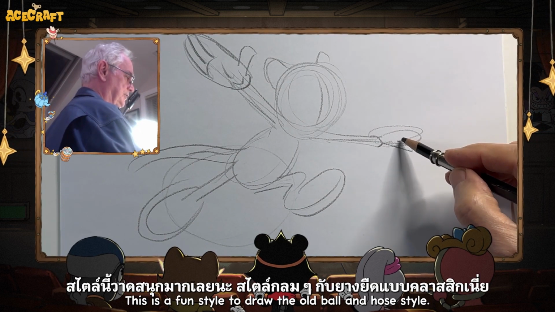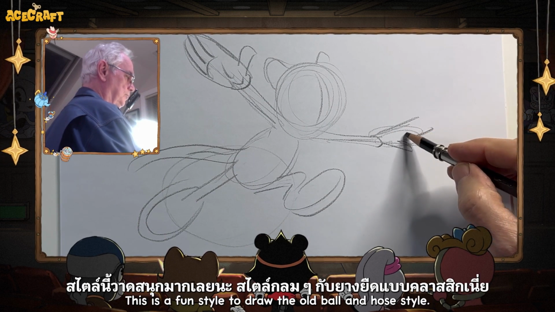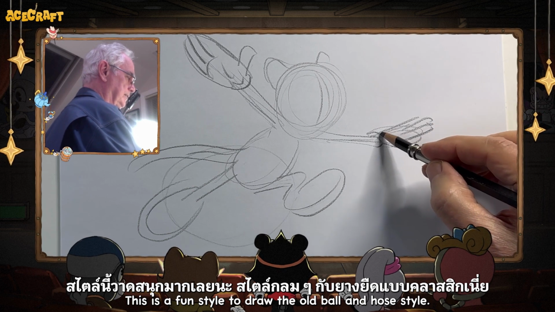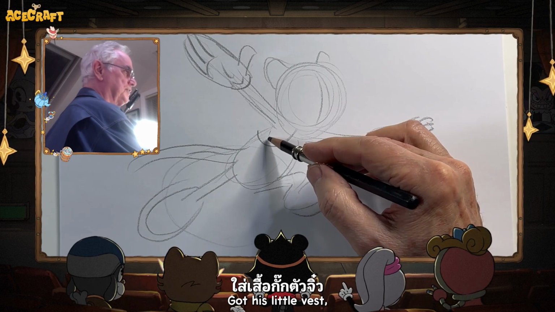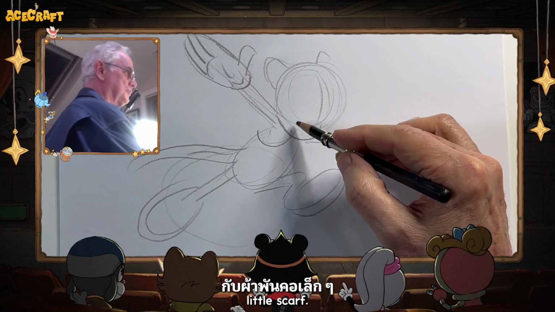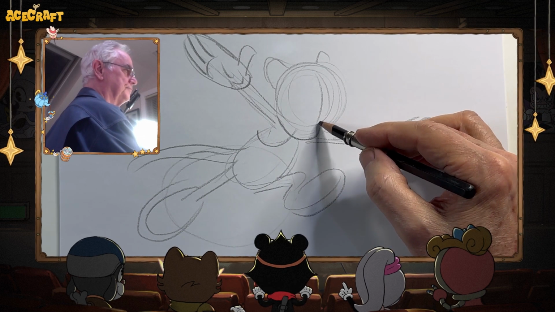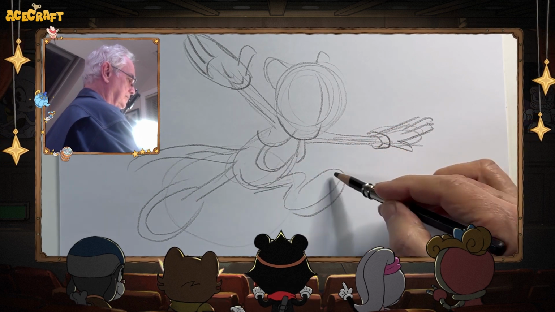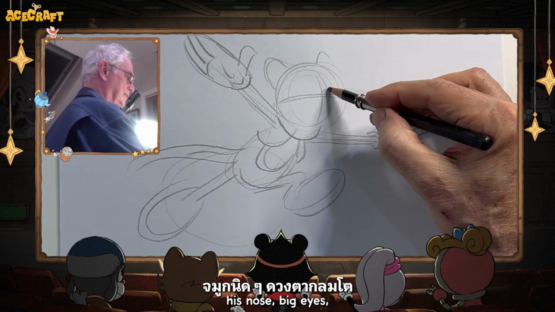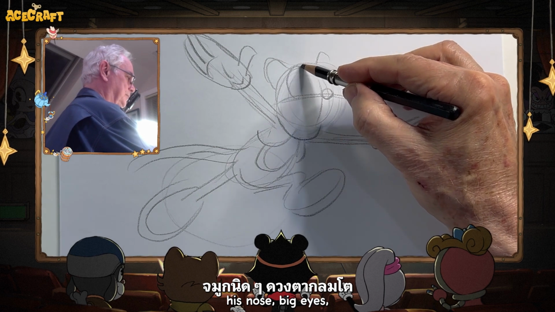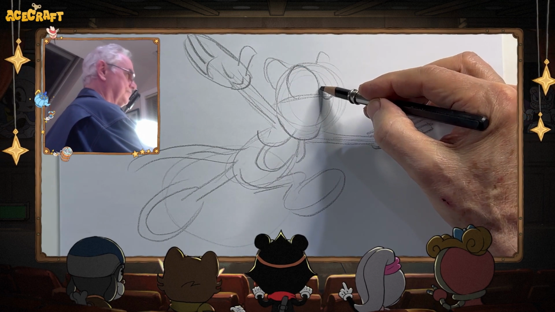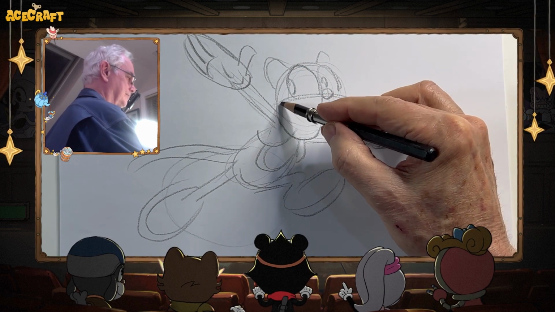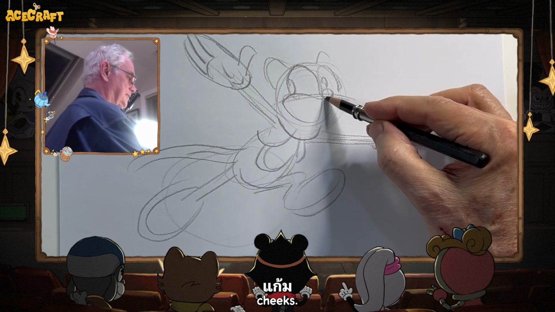This is a fun style to draw, the old ball and hose style. Got his little vest, little scarf. Here's his little tummy, his nose, big eyes, cheeks.